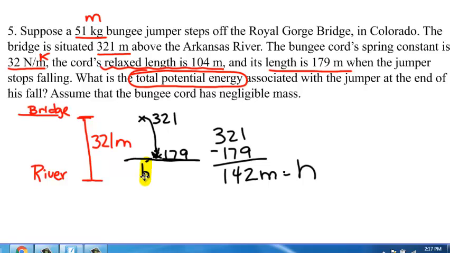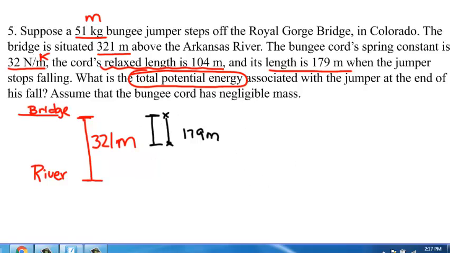So what do we need to consider now to find X, or basically how far the bungee cord has been stretched? What's not relevant here? So I don't necessarily need to know as much about the 321 meters as I do about the fact that this bungee cord has stretched. So the 179 meters can be further broken down. Think about how much of that 179 meters was actually stretched.